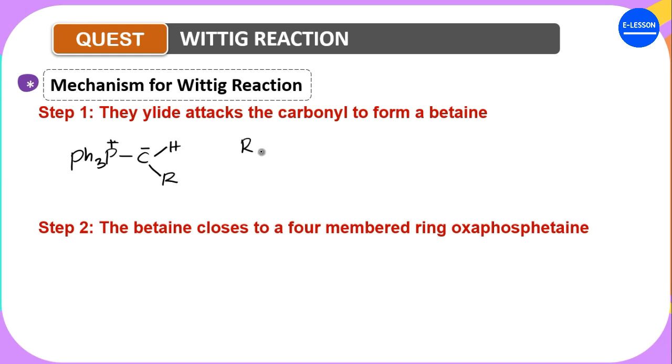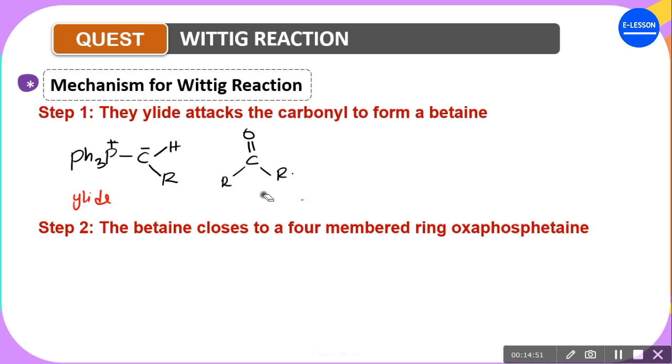Now this is R, and this is R. Let me make it easier by saying this is a double bond, carbon. Now if I want to make this easier so that it will be very easy for this to react, this is the ylide, and this is the carbonyl compound. Now I can decide to reorient this in such a way that when this one is coming, there will be no hindrance.